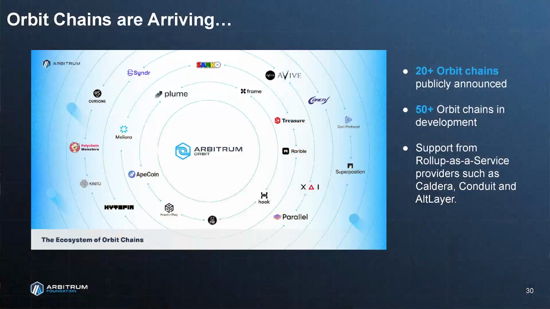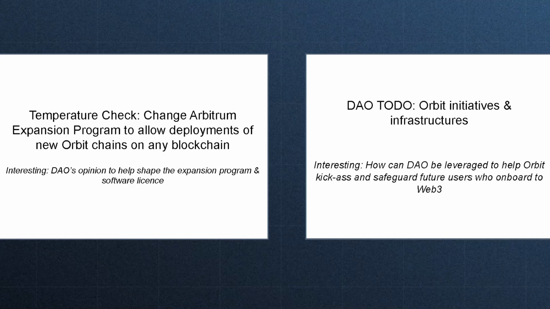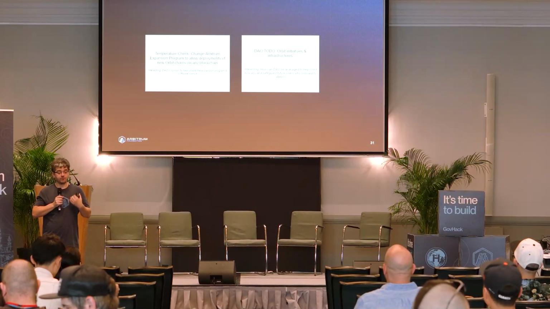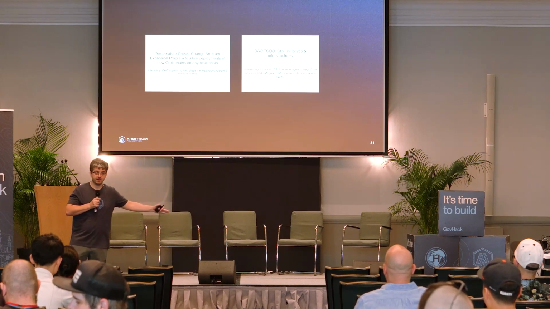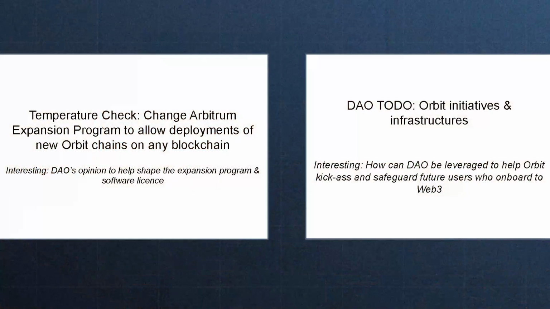And of course, as I mentioned, there's this whole ecosystem now of Orbit. And there's one proposal on the forum today. So right now with the software license for Orbit, you can only deploy an Orbit chain or use the Arbitrum tech stack if it's deployed on Ethereum or a chain that derives security from Ethereum. So there's a proposal on the forum.